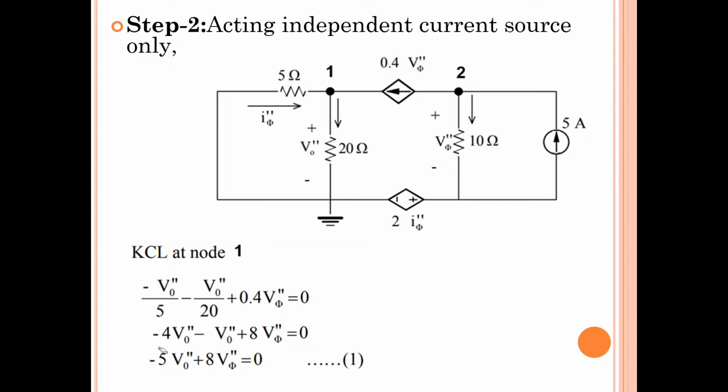Now simplify this circuit. You will get 0.4 V5 double dash minus V naught double dash plus 8 V5 double dash equal to 0. Further simplified, minus 5 V naught double dash plus 8 V5 double dash equal to 0. That's our equation 1. If you have completed, just mention in the chat box.